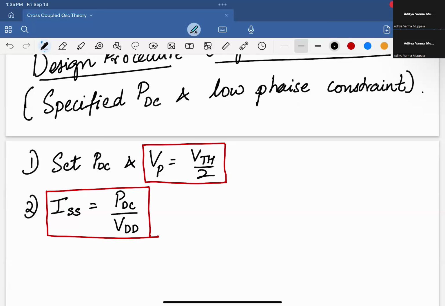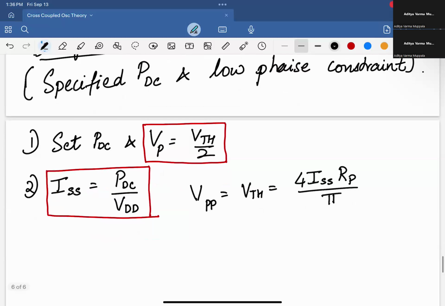Okay. And we know that VPP, which is the peak to peak, is the same as VTH. We saw that this was 4 ISS RP divided by pi, right? Which means that RP is now given by pi times VDD, VTH divided by 4 PDC.